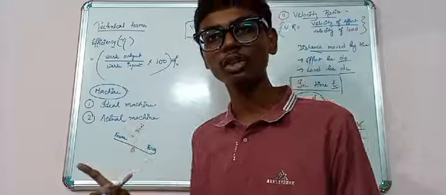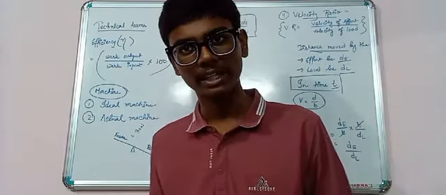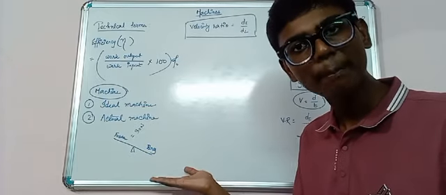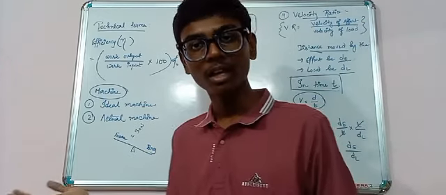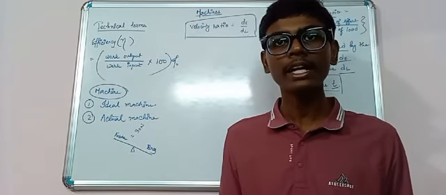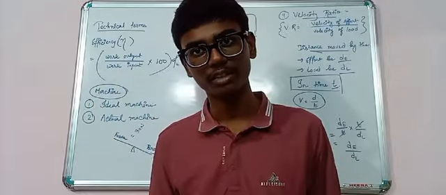What will you expect? This 30 Newton force will be used to lift this bag up, right? That is what should happen. You are applying 30 Newton, and 30 Newton is getting applied here. This is what happens in case of an ideal machine.